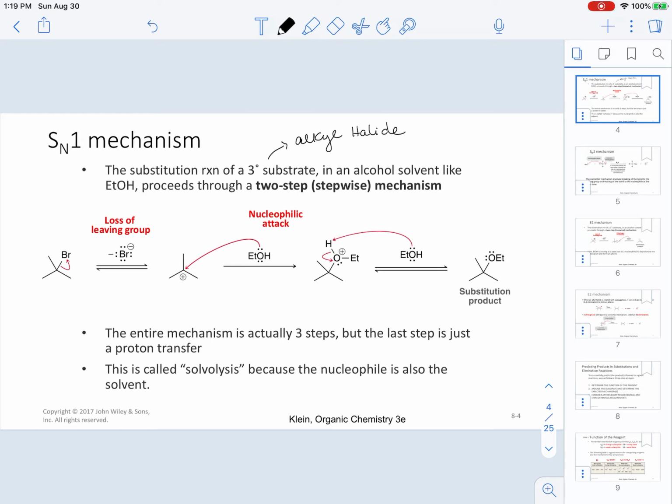Now, here we have, for example, one of the examples of a particular nucleophile that can be present in this type of reaction. And here we have an alcohol.